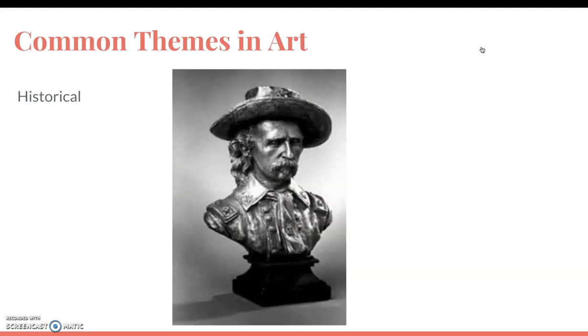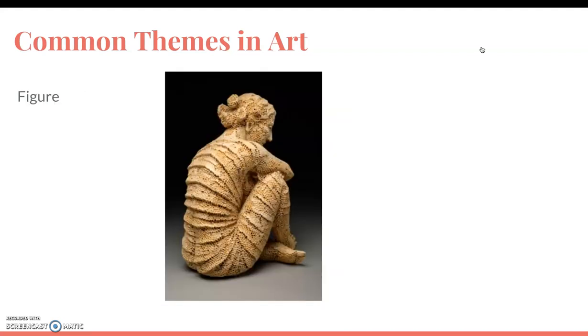Another one is historical, and this would be a bust bronze sculpture of General Custer. He was a general, part of the Wild West. Is this a portrait? Yes. Is it realistic? Yes. But it's also historical because it's based on a historical person.